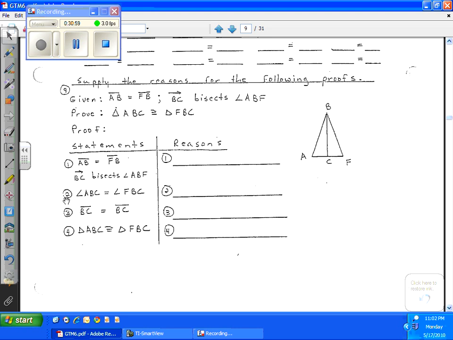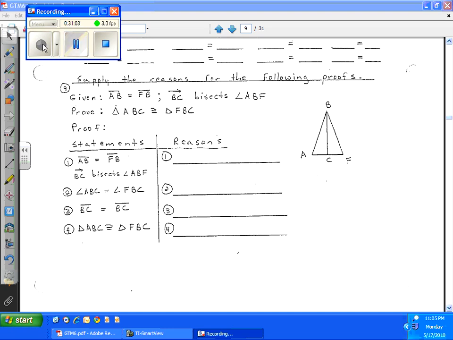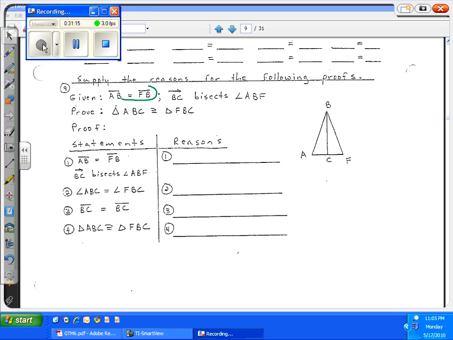We're going to supply the reasons for the given proof. Okay, number 9, supply the reasons for the given proof. So we're going to get you started again, and I'm going to leave you with a little bit more of this.